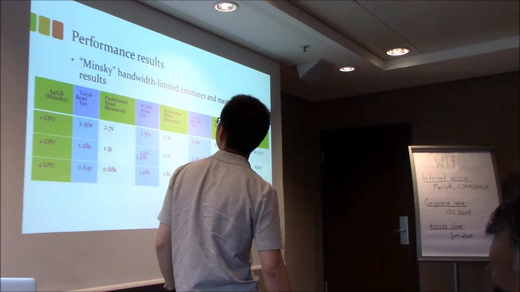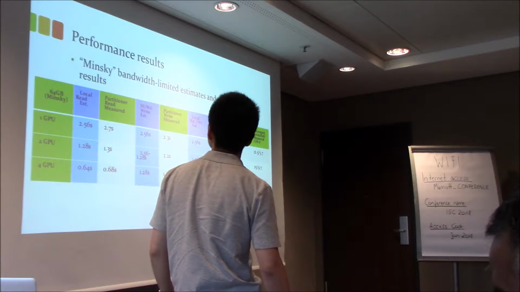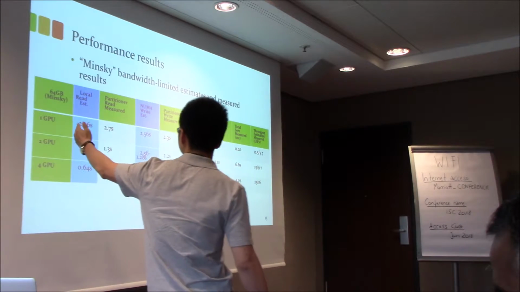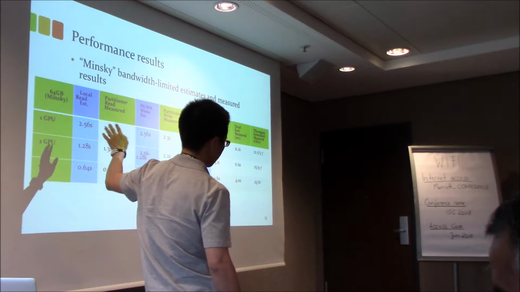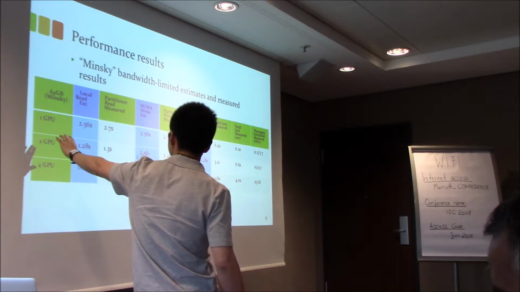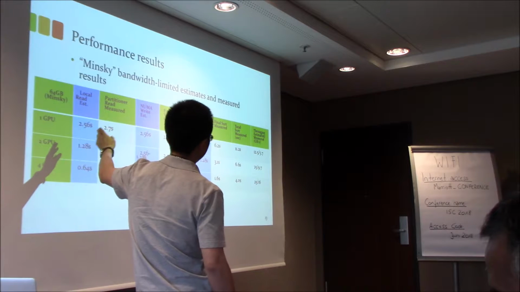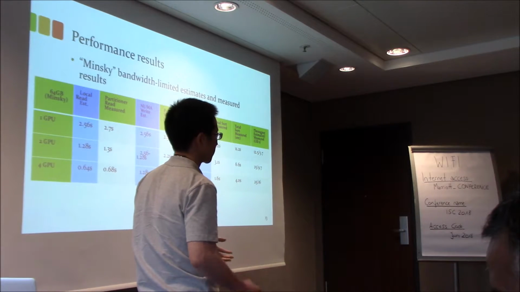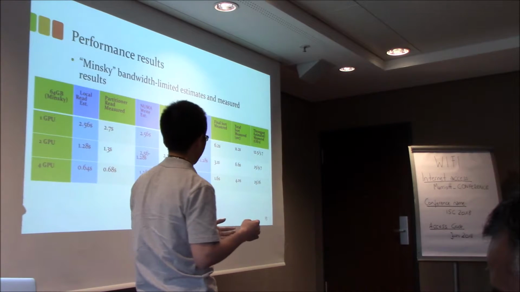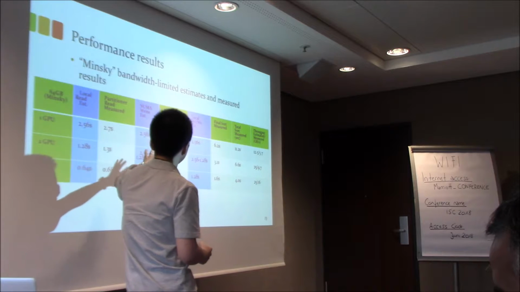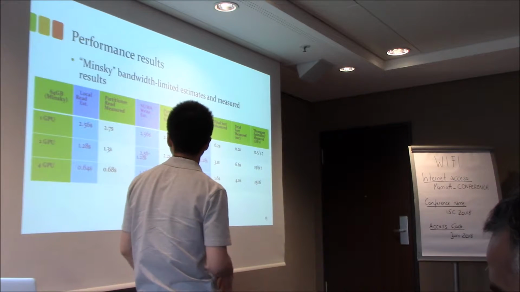These are the performance numbers we got from Minsky. With some scaling, we did sort 64 gig with a single GPU only, 2 GPUs and 4 GPUs. The blue column is the estimate of the numbers according to the previous bandwidth limit, and the green one is our real result.